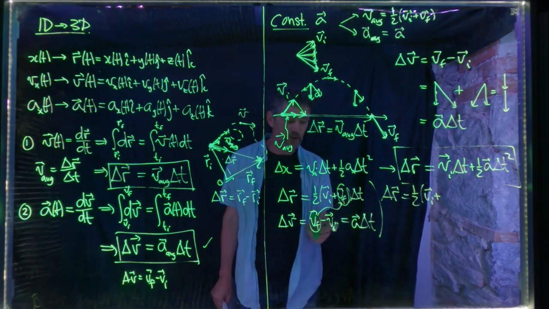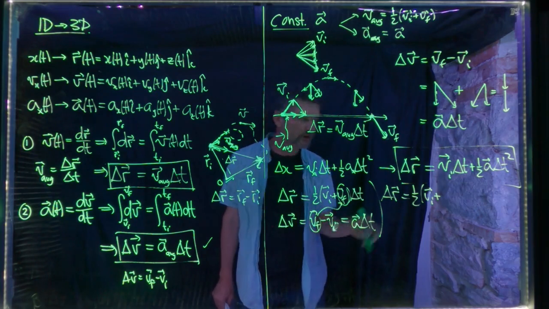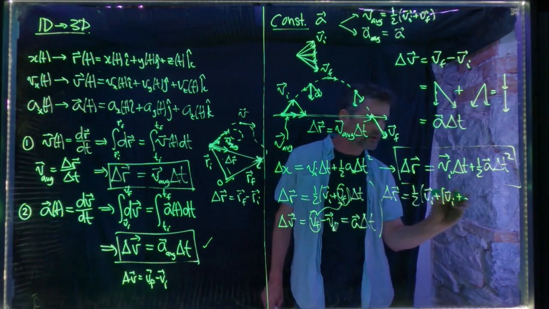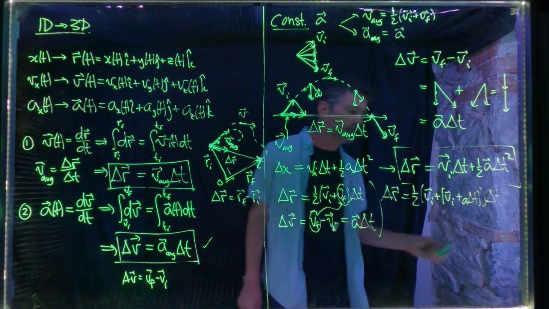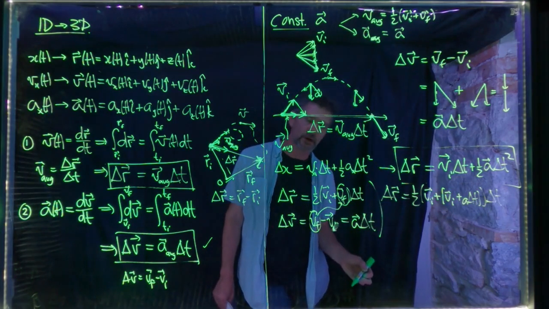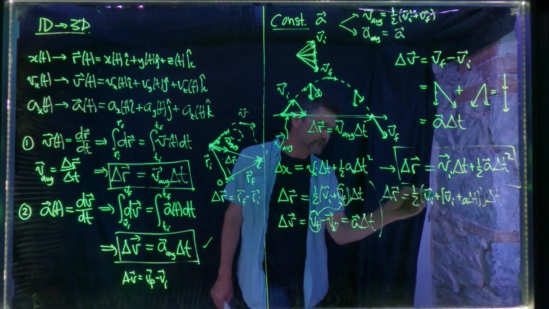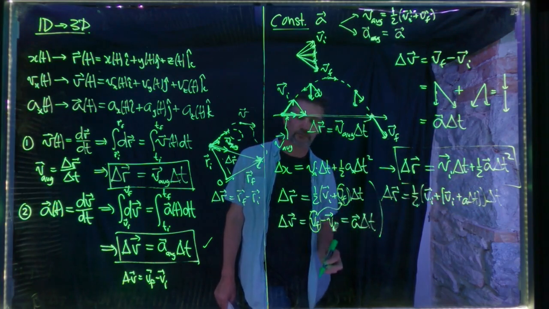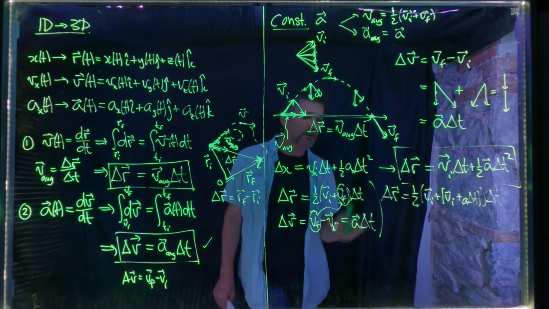Well, the second basic kinematical formula tells you that v final is equal to, take the negative v initial to the right-hand side, v initial plus a delta t, and then multiplied by delta t. And so you can see that you're going to have a vi plus a vi, that's 2vi, divided by 2 is just vi delta t, there's the vi delta t, plus 1/2 a delta t squared. Okay, so that's where that formula comes from.